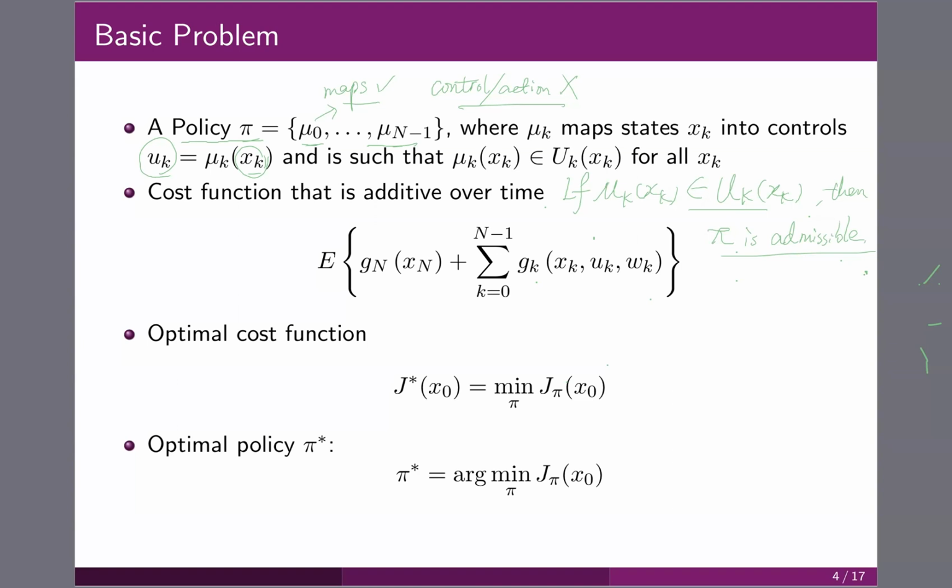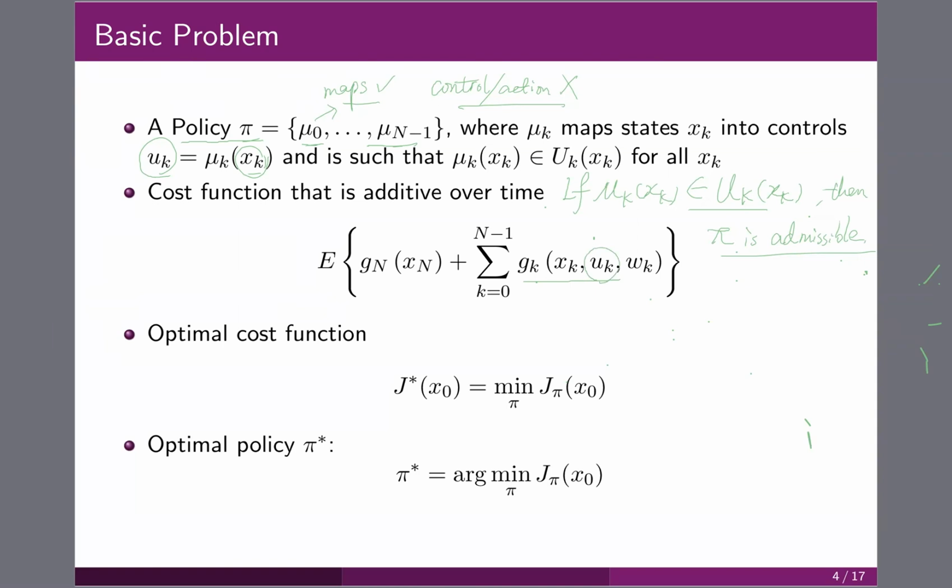And next is cost function. Here in the basic problem, our cost function is only allowed to be additive over time. At each time from k equals 0 to N minus 1, we can apply a control into the dynamic system.